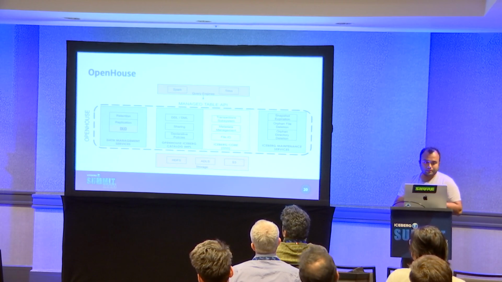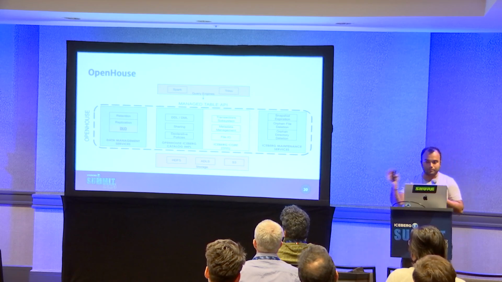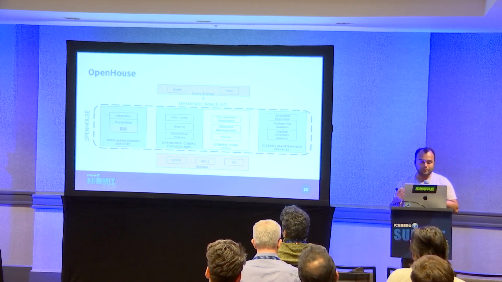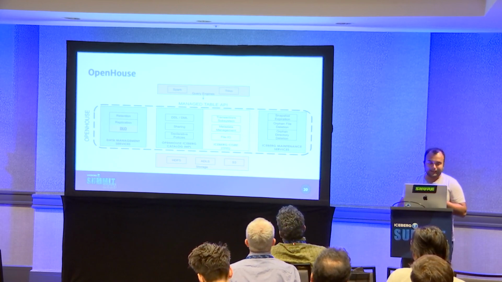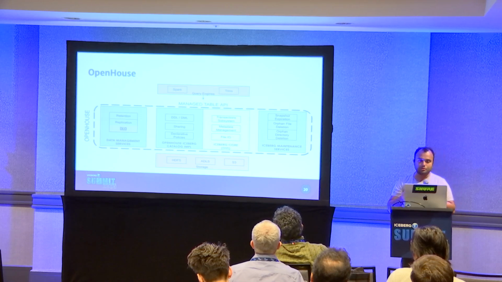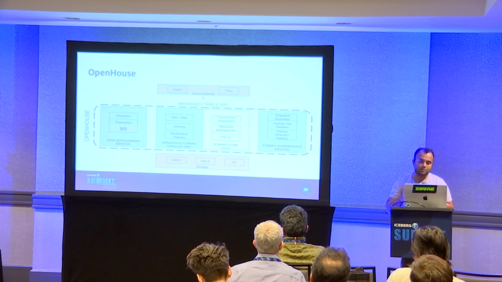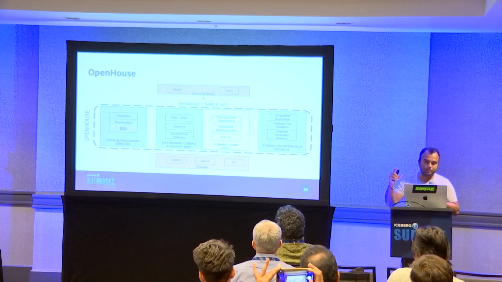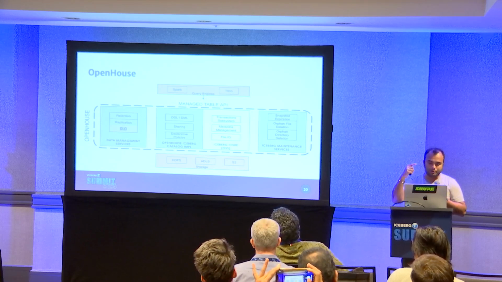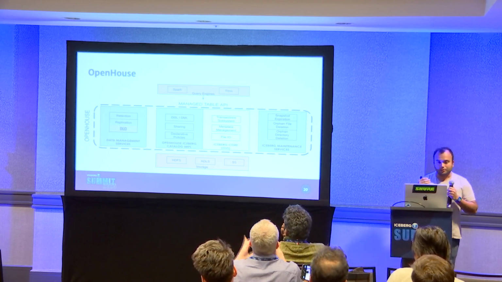Moving on to the evaluation section, before I jump into the actual numbers that we have, this is the system that is deployed at LinkedIn. This is called Openhouse. We've been working on this for over 3.5 years now. Openhouse exposes that managed table API to the query engines so that any query engine like Spark, Trino, in future Flink can interface with.